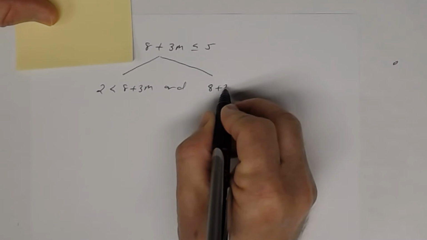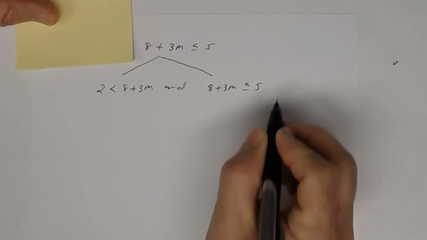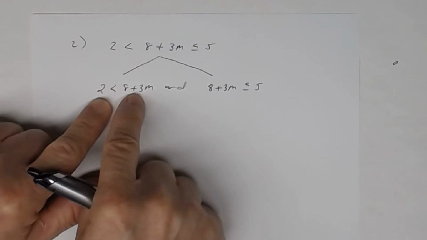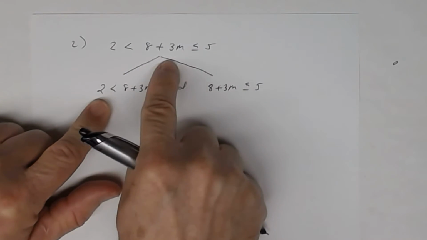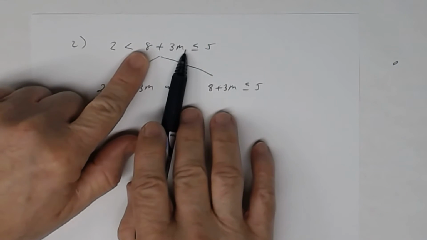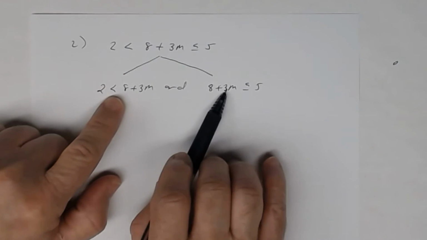So 8 plus 3m must be less than or equal to 5. So the first approach is to rewrite the compound inequality as two simple inequalities.